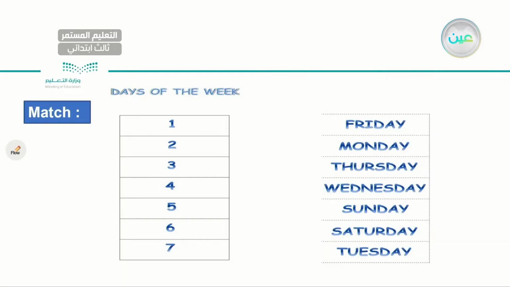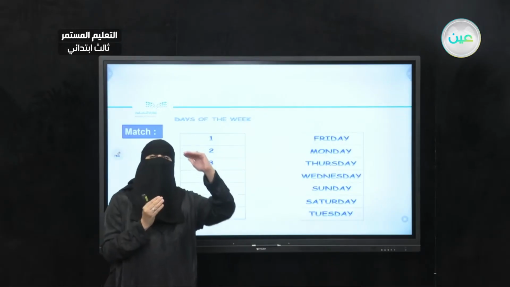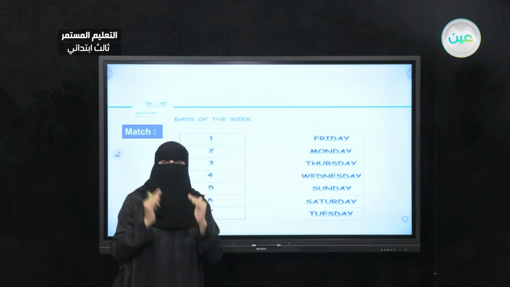Now, these are the days of the week. To your left, I have the numbers or the order of these days. To your right, I have the names of these days. So what are we going to do? We need to match them with the numbers that will make us have the days in the correct order.